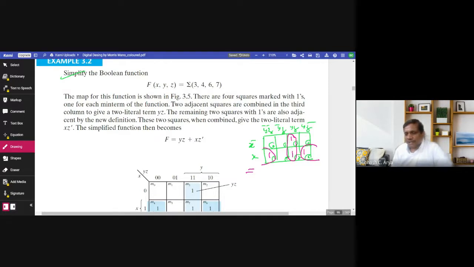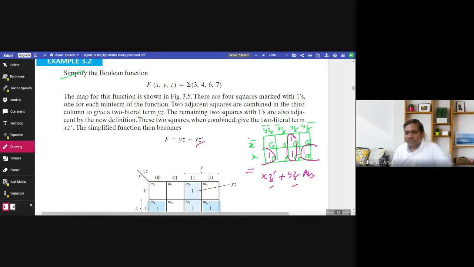Now we can write the answer. So what is the answer? F is equal to, here you see x is common, and here z bar is common. Now here y z. So this is the answer: y z and x z bar.